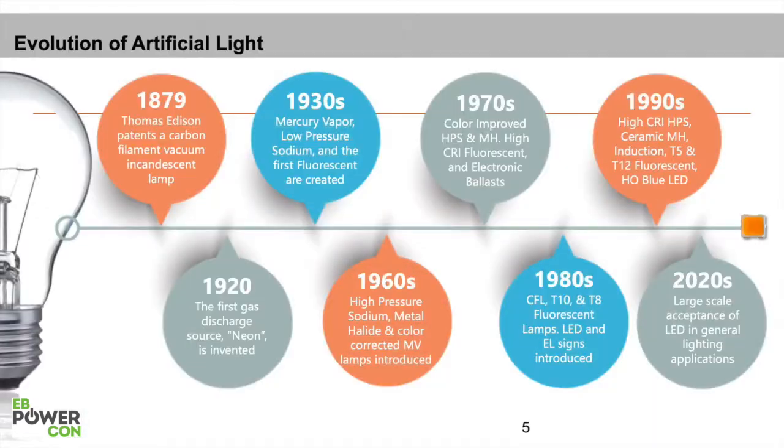If you take a look back at the long and varied history of light and light sources, it's easy to see just how far we've come with light source technology. In 1879, Thomas Edison patented the carbon filament vacuum incandescent light.